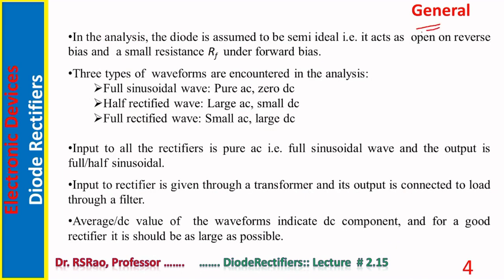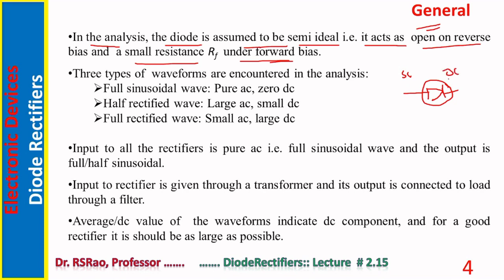Some more points, general points. In the analysis, the diode is assumed to be semi-ideal. It acts as open circuit on reverse bias and a small resistance RF under forward bias. This is diode under ideal conditions. It is supposed to be short circuit under forward bias, open circuit under reverse bias.